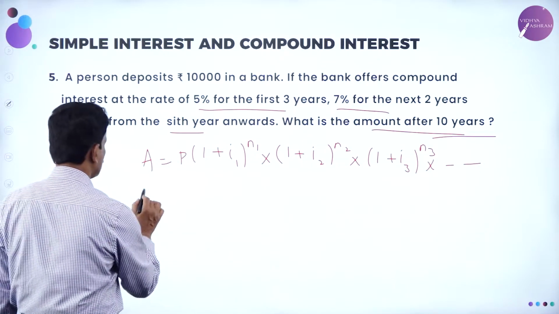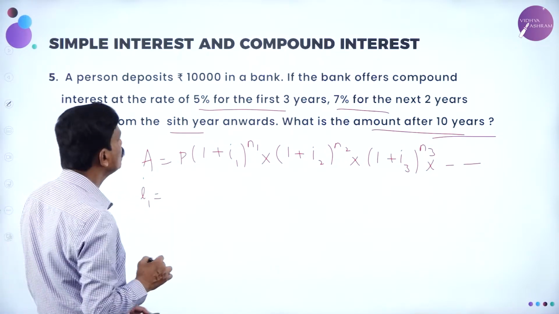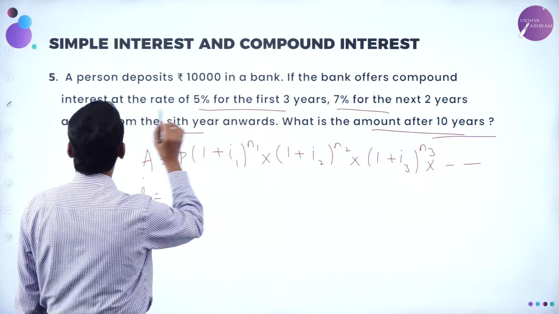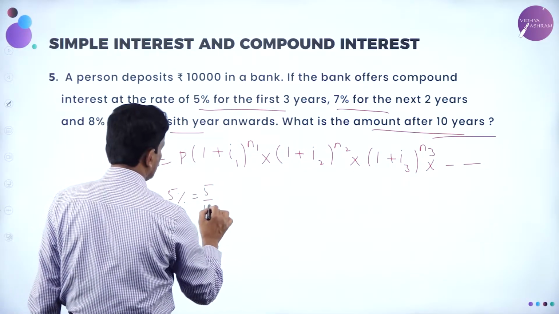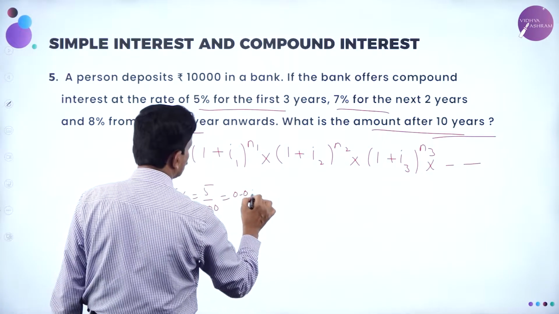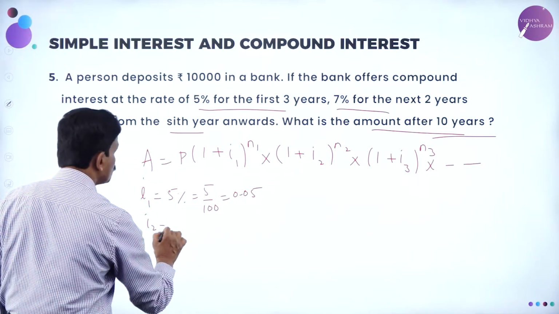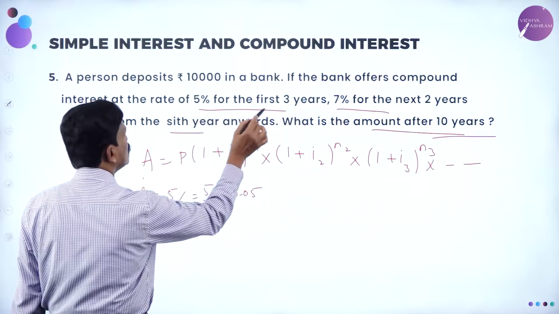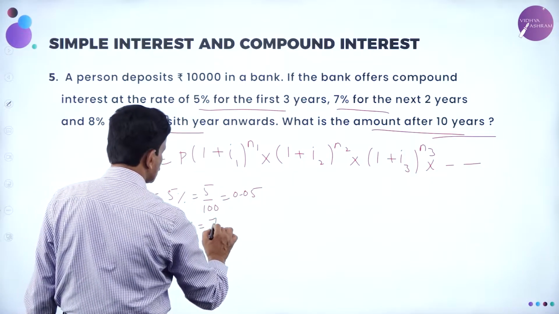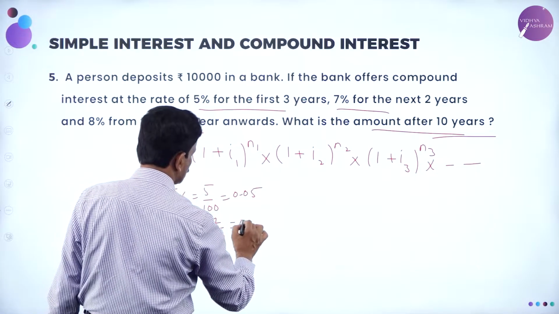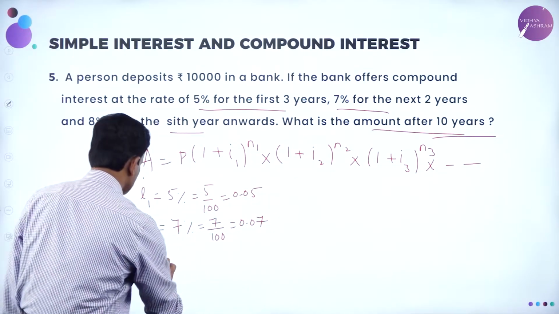Now let us find out what is I1. The first rate of interest is 5%, that's 5 divided by 100, which is 0.05. What is I2 here? I2 is 7%, which means 7 divided by 100, equal to 0.07.